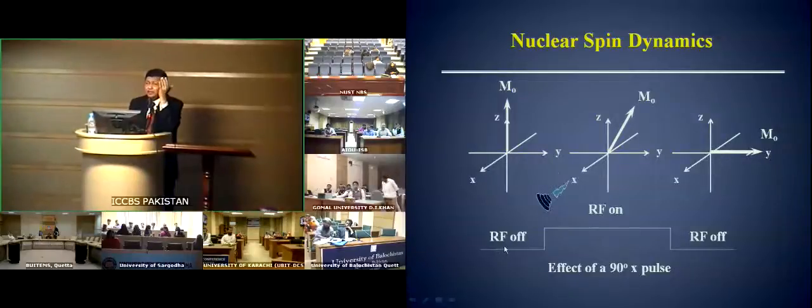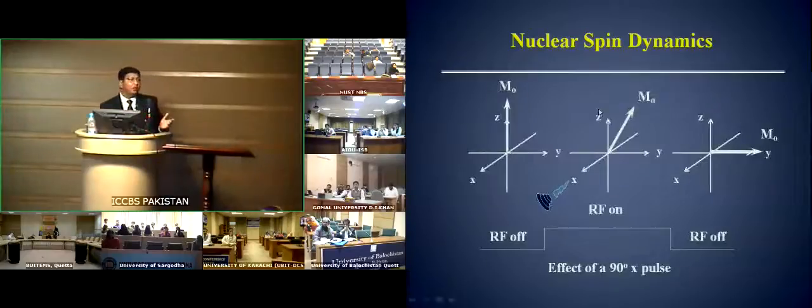Now, if I tell you that I don't need to make this funny looking machine and this more funny looking arrow, and I just want to use a diagram like this: radio frequency off, radio frequency on, and then radio frequency off. So when you turn on the radio frequency and turn off the radio frequency, it is your pulse, and the duration of the pulse would bring your magnetization vector anywhere you want.